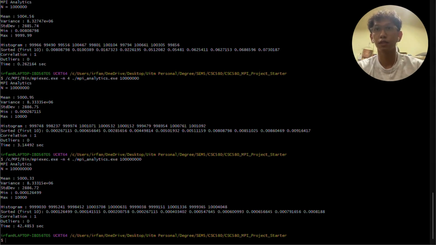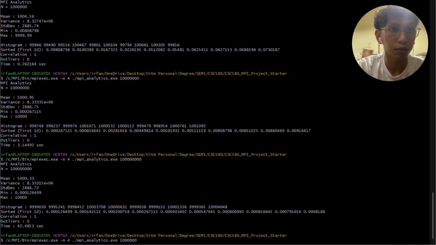Now I will continue with the explanation and demonstration of the MPI parallel implementation. For the first test, we will use a smaller dataset of 1 million data. We execute the program using 4 MPI processes, and the dataset will be distributed across processes using MPI scatter.